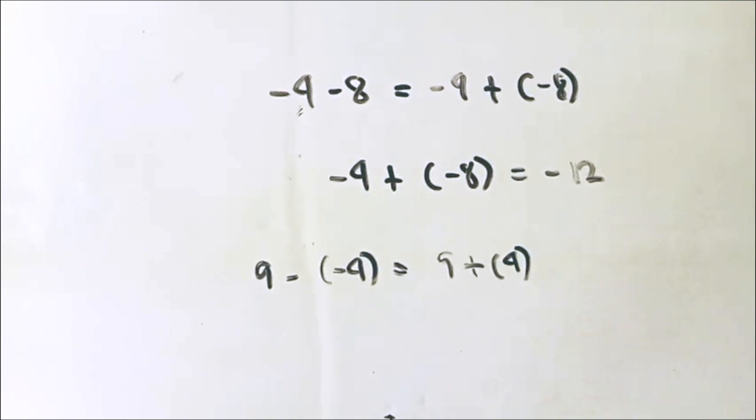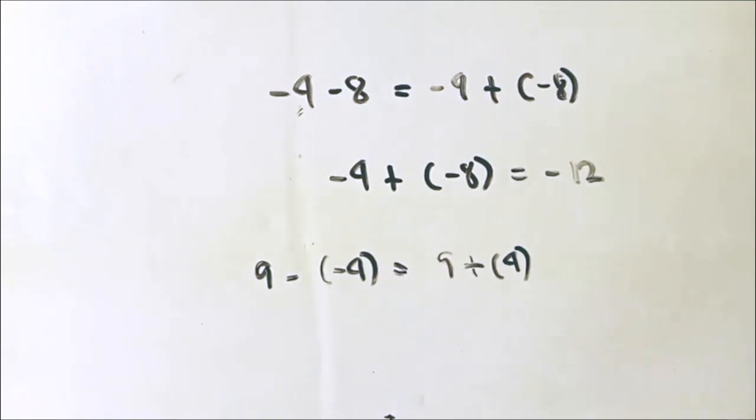So this will result in 13. If we recall, for case 1 of the addition of numbers, if the signs are the same, just add the numbers and keep the sign.